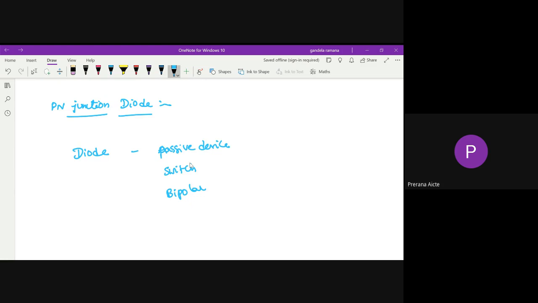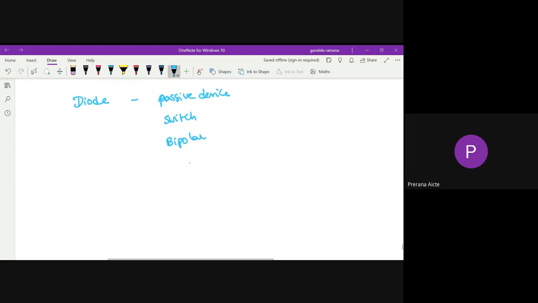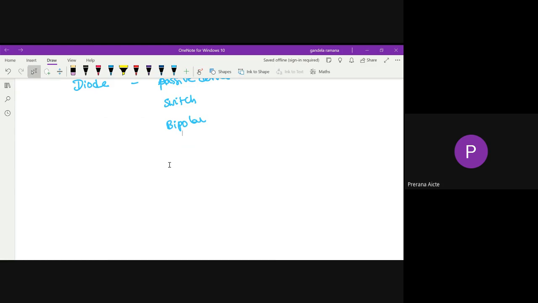There is one special purpose diode that is unipolar, the Schottky diode, in which current is due to only electrons. Diode is unidirectional.